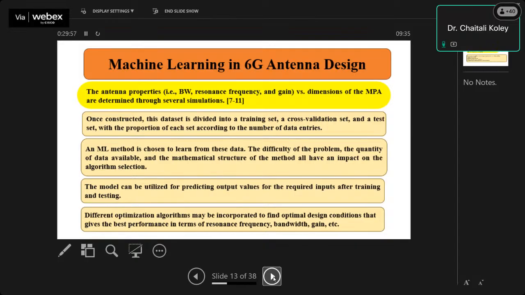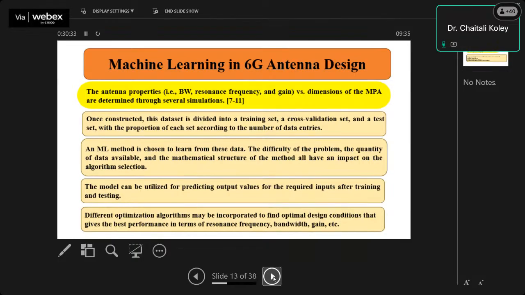Once constructed, this data set is divided into training sets. As I told, we require different data sets: one is known as the training set, another is the cross validation set, and the test set. The proportion of each set is adopted according to the number of data entries. Initially people are trying different types of algorithms on particular antenna designs to see the performance of a particular algorithm on a particular design.